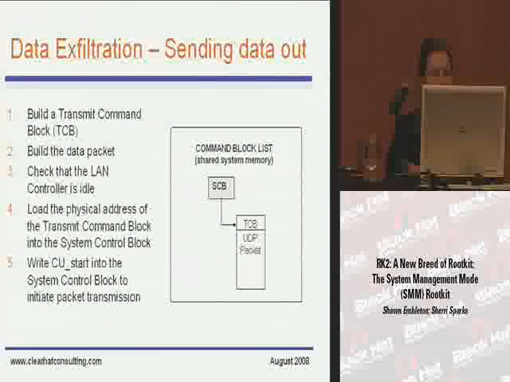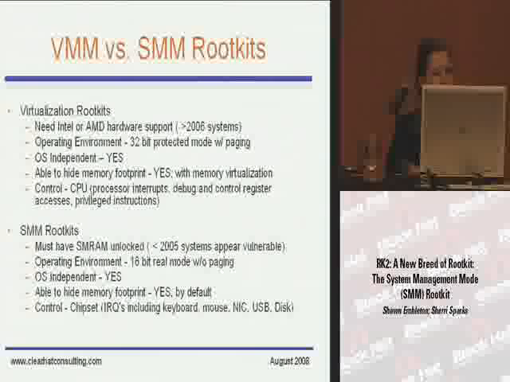So with that said, we'd like to compare and contrast VMM and SMM rootkits, because there are some similarities, but also some critical differences between them. They do both offer a similar level of control over the system, but in a different way. Virtualization rootkits, first of all, are themselves somewhat hardware dependent because they need Intel or AMD virtualization support.